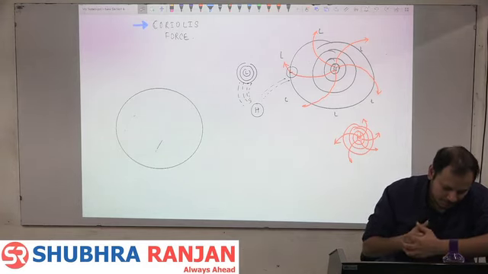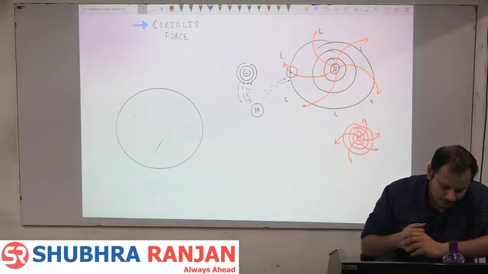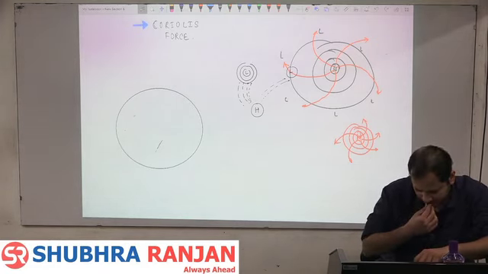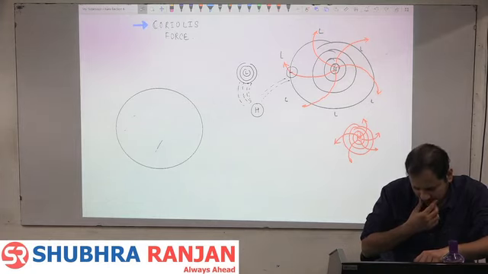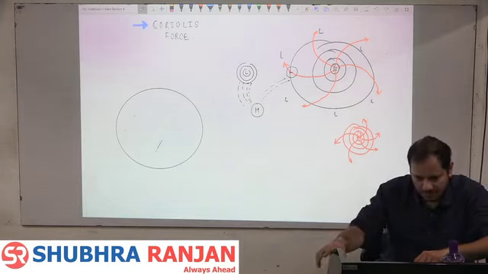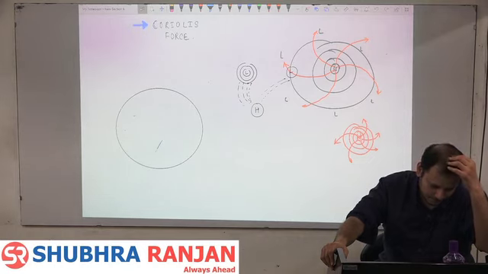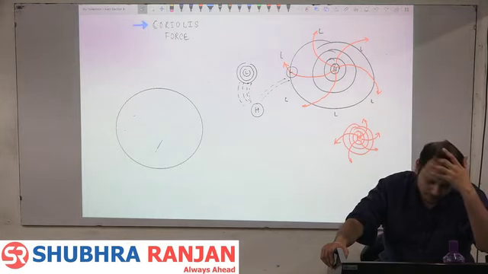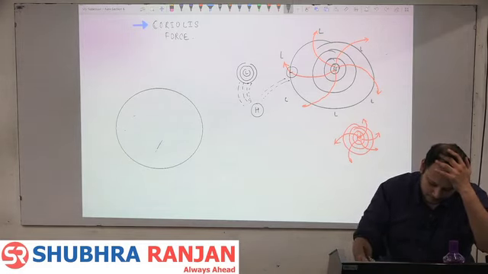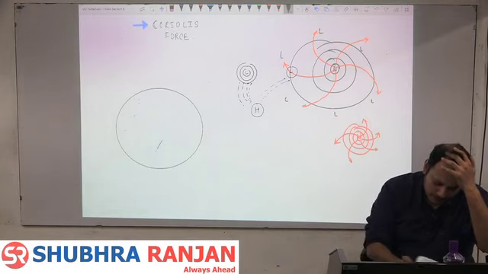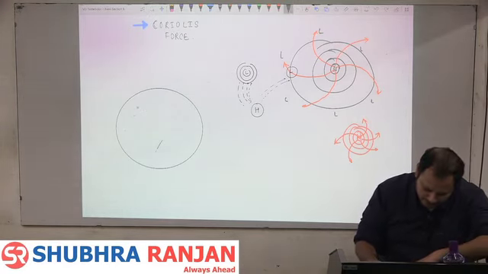And therefore, the Coriolis effect, which is directed inwards, is slightly greater than the outward directed pressure gradient force.